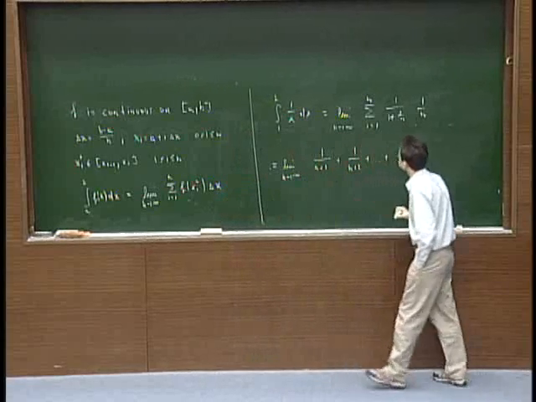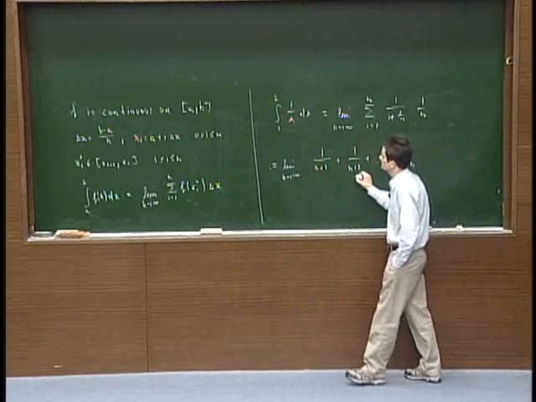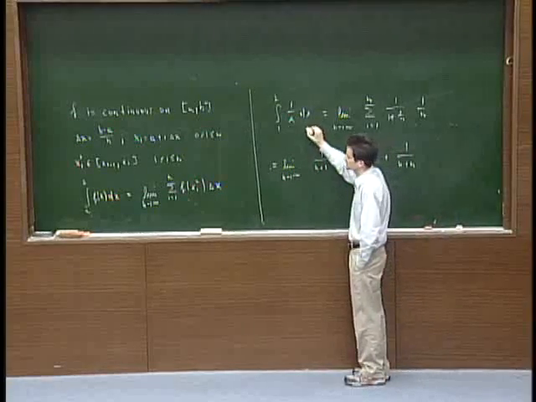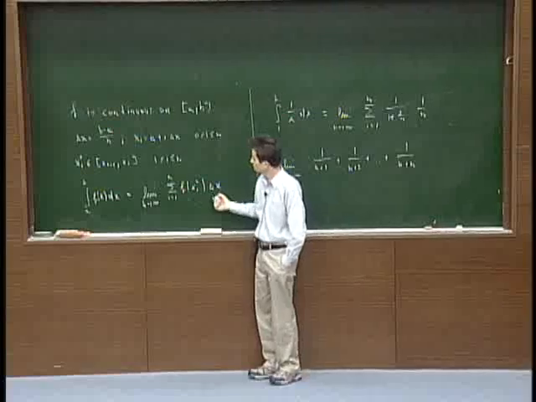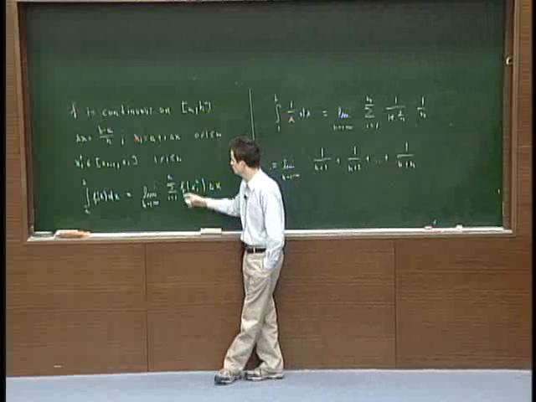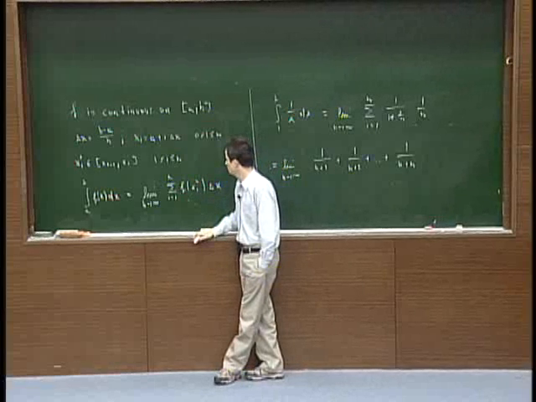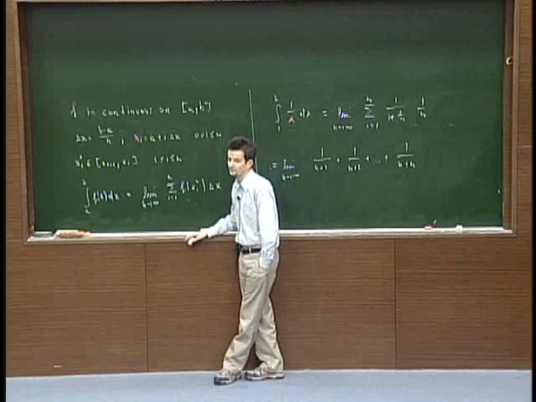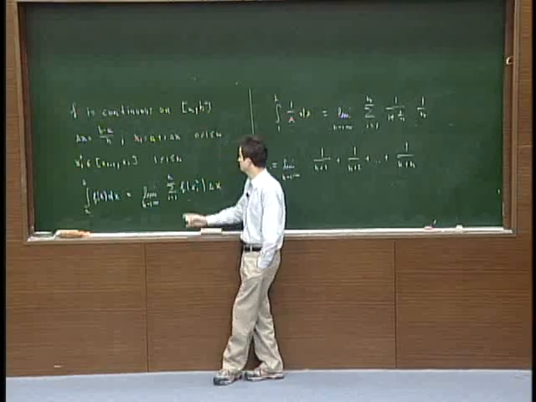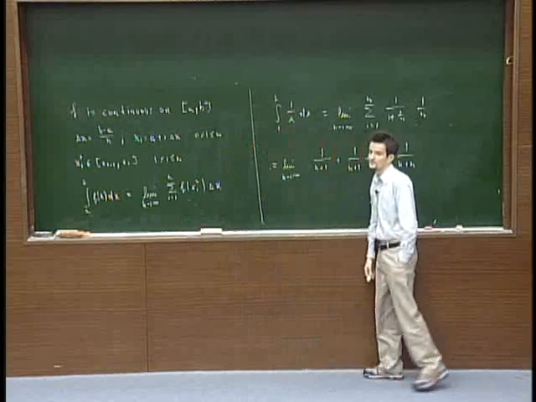The only way of computing such an integral is to go into the definition and do it numerically. You choose an n, and you evaluate this sum for n large enough, and you will get an approximation of this integral.